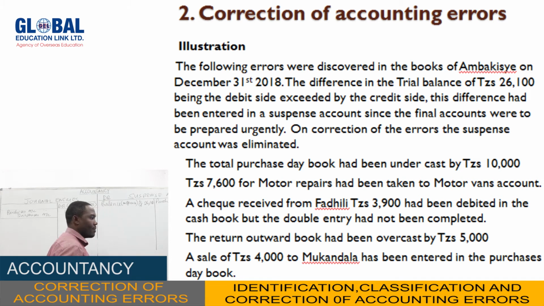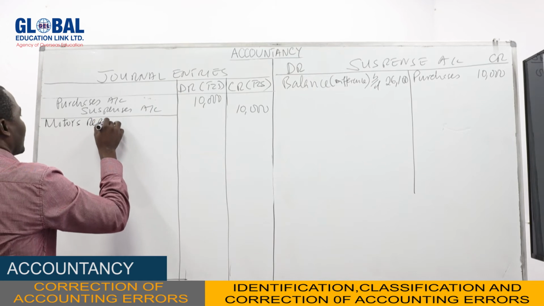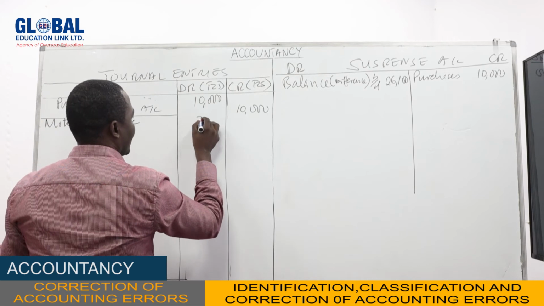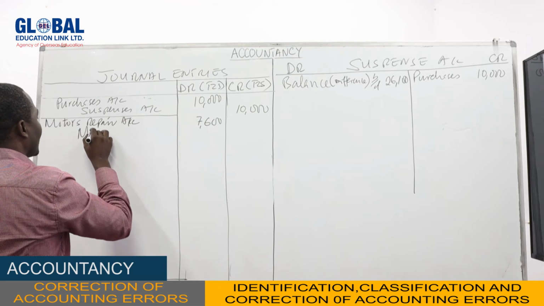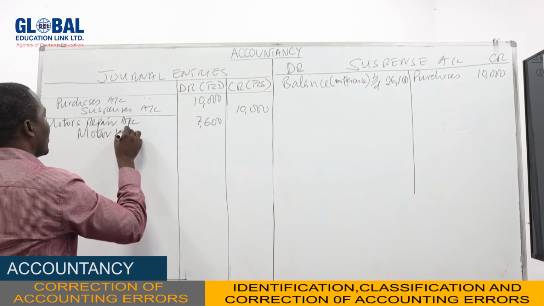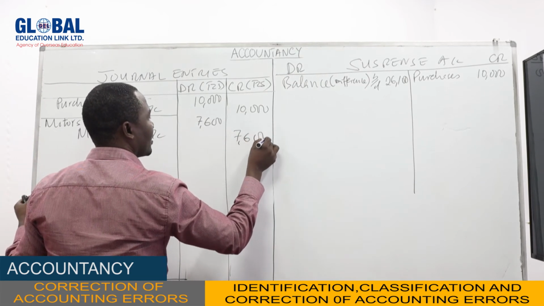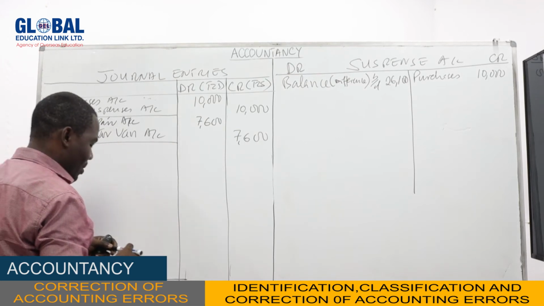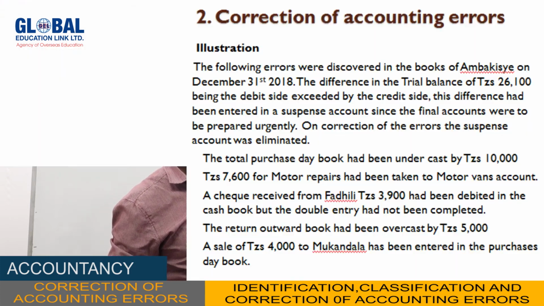We debit motor repairs account 7,600. We credit motor van account 7,600. So this error does not affect our trial balance, so it has no entry in the suspense account.